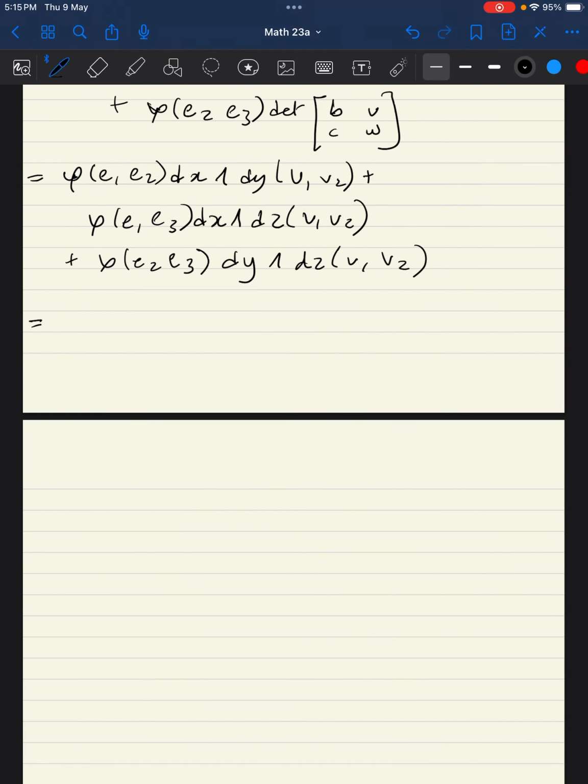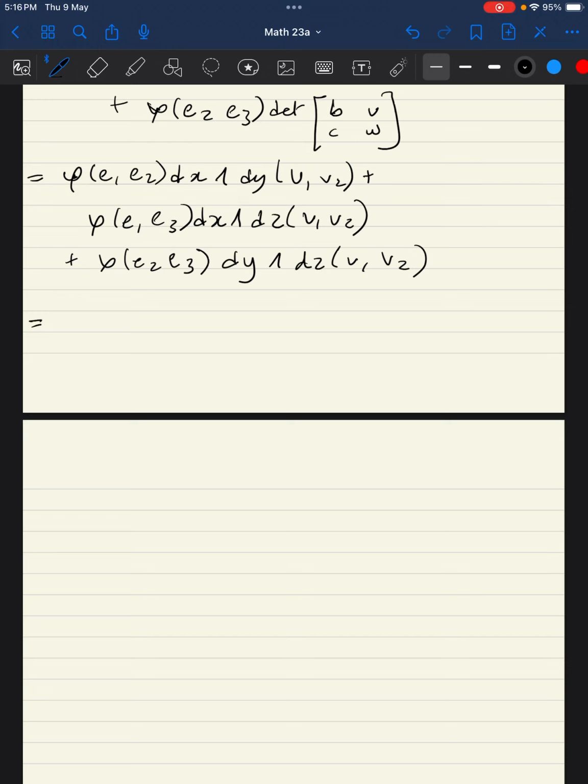Which is equal to phi of E1, E2 dx dy, and so on. So we've written the two form phi as a linear combination of what we found out.